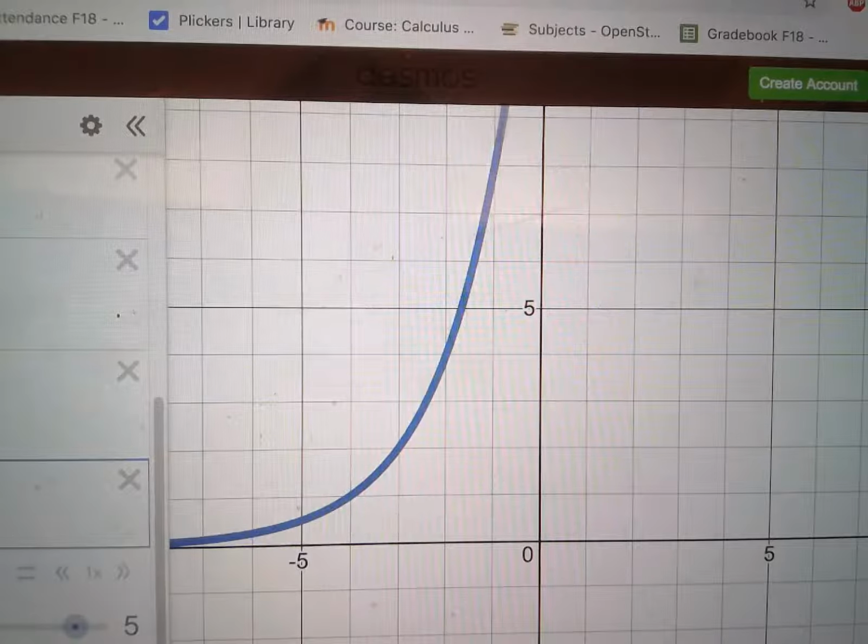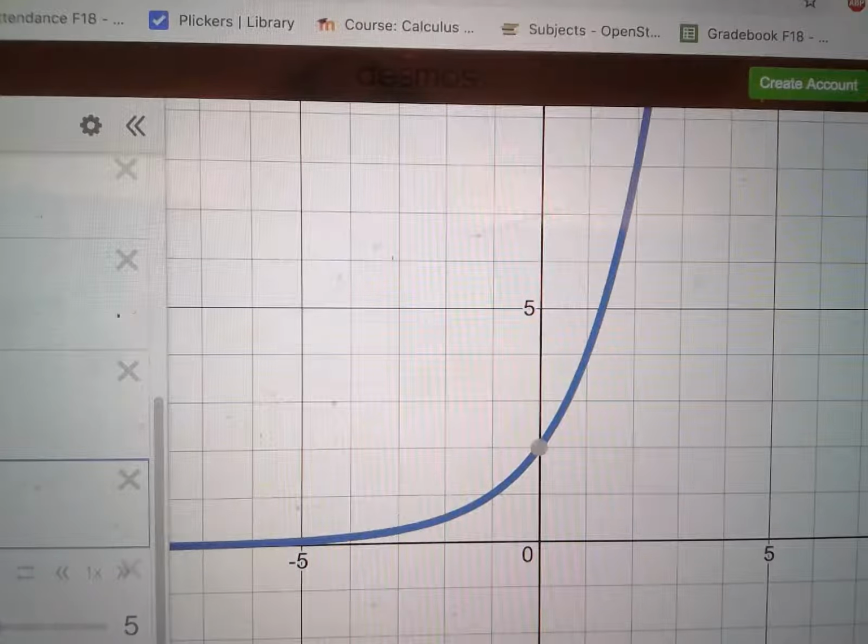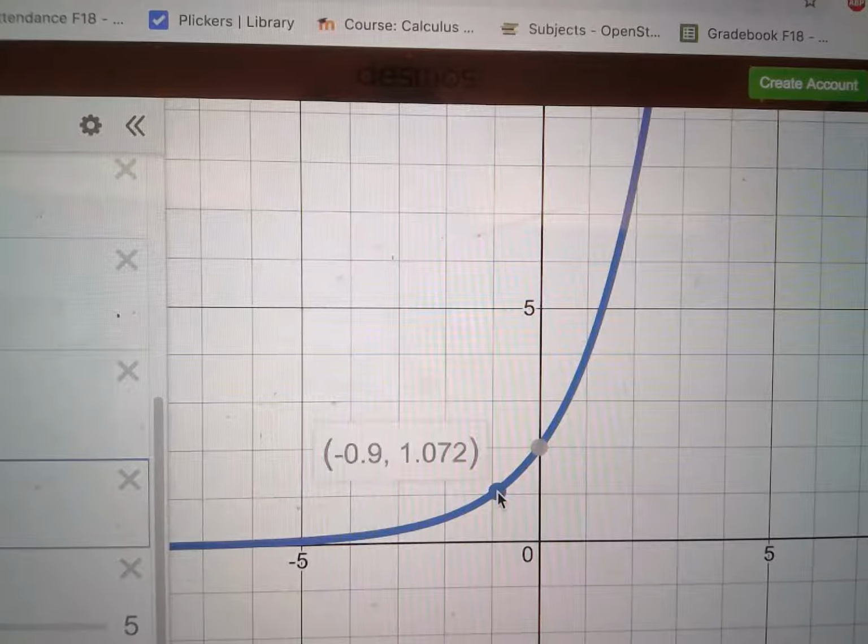When h is 1, you'll notice that the point is actually right here. When x is 0, I get 2 to the x plus 1, and that shifts me left 1 unit.